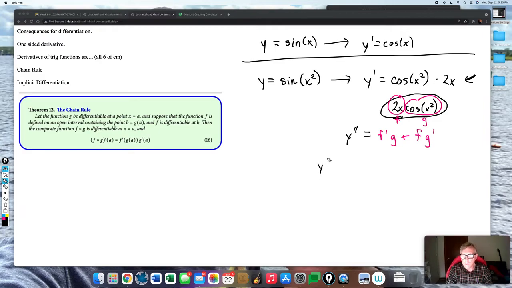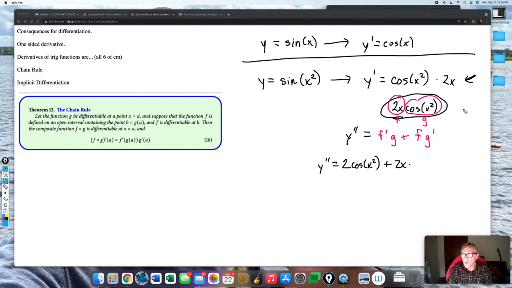So our y double prime, okay, our f prime, the derivative of this stuff is just 2, right? Yep, okay, 2x to the 1, that's 2 times x to the 0, right? And x to the 0 is just 1. All right, our g is the cosine of x squared, plus f, which was 2x. And then I got to do the derivative of the cosine of x squared. Whoa, what's that? Well, I need to use the chain rule for my g prime, right? So let me do a little bit of work over here.